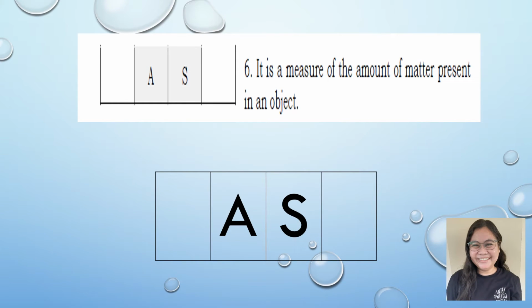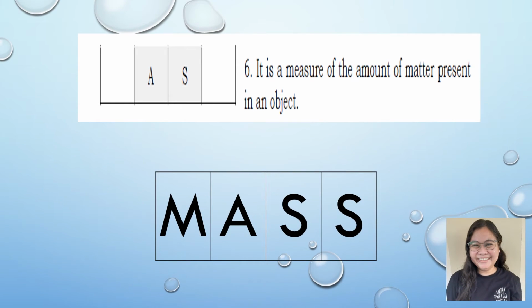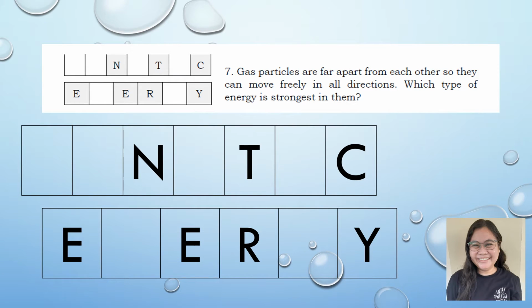For number 6, it is a measure of the amount of matter present in an object. Nice! Mass is a measure of the amount of matter present in an object. Number 7.